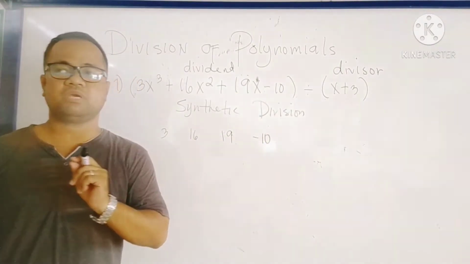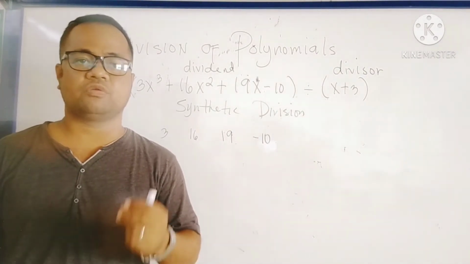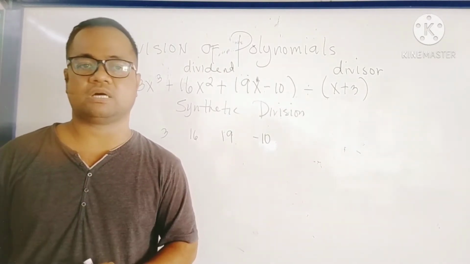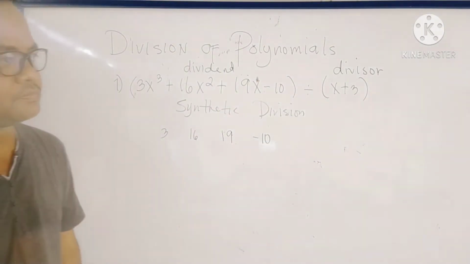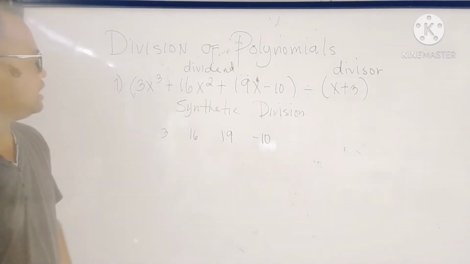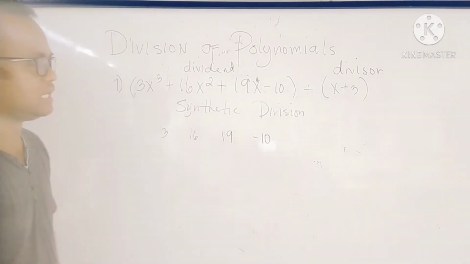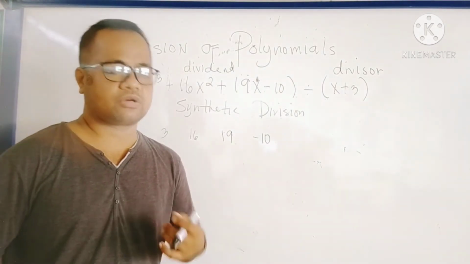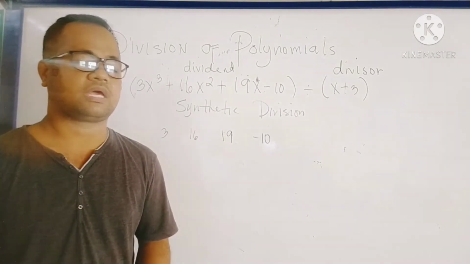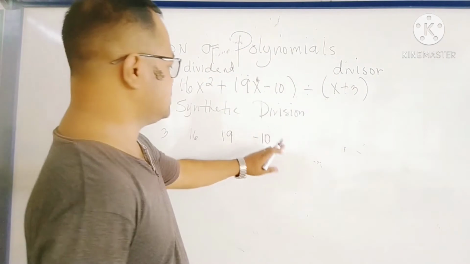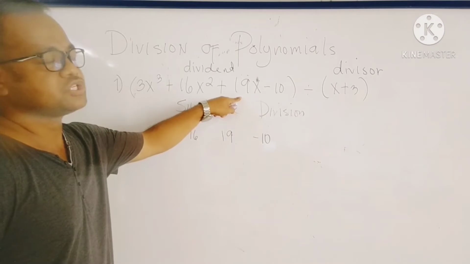So you have to be careful. Okay, so be careful with the coefficient or with the sign. Okay, because although you have already written the coefficient properly, if you forget about the sign, your computed quotient for sure is not correct. Okay? So these are the coefficients of each term of the dividend.